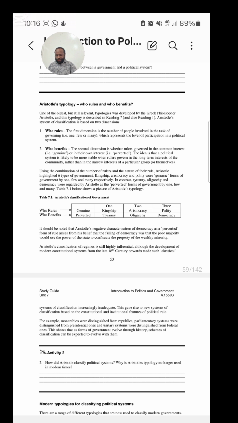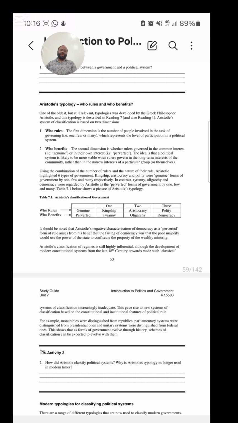Secondly, if there's two rulers in a society, and there's genuine leadership on who rules, then that particular society tends to be an aristocracy.